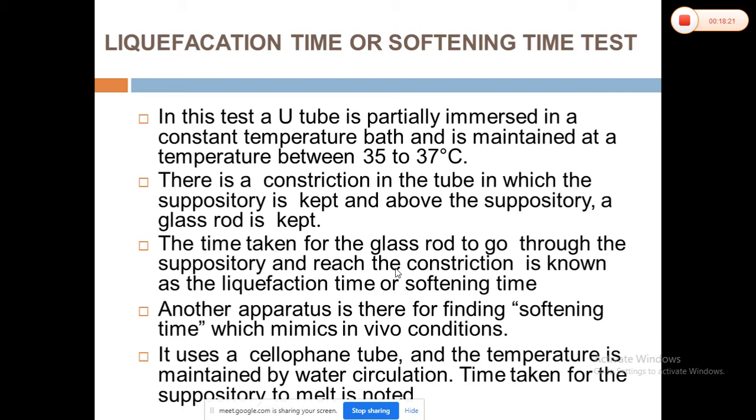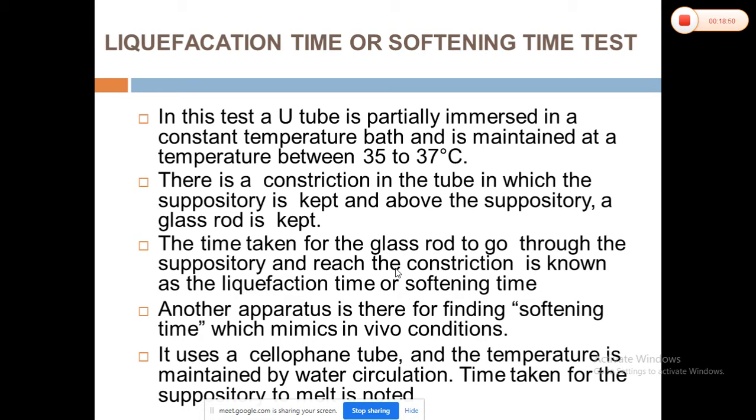Most of you know about the Thiele tube we use for detecting the melting point. A U-shaped tube with one arm outside. Likewise, you have to use that type of U-tube and immerse it in a water bath at a constant temperature between 35 to 37 degrees Celsius.